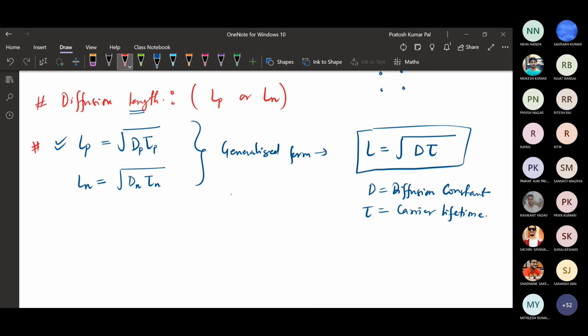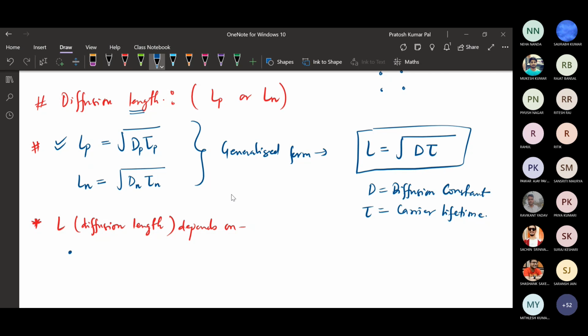We will also check on what parameters this length of diffusion, or diffusion length, depends. As the formula says, it depends on the diffusion coefficient and carrier lifetime.